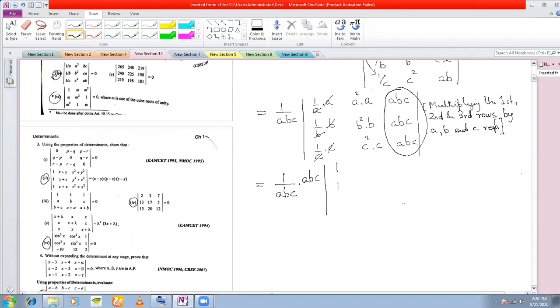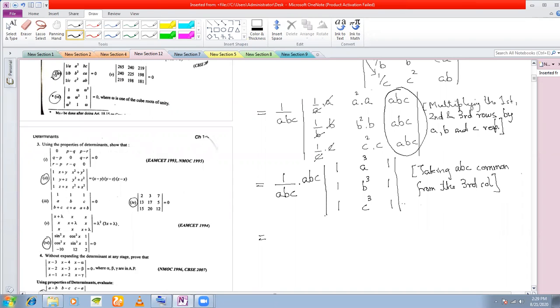Here it cancels, you get 1. Here you get A cube, B cube, C cube. And here you get again 1, 1, 1. So now what happened? I'll give my reason here: taking ABC common from the third column.